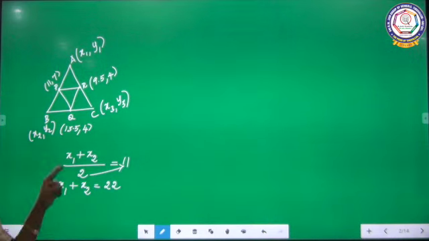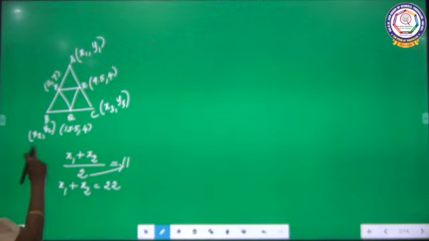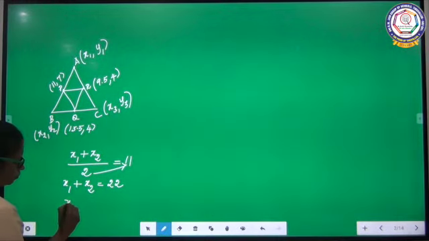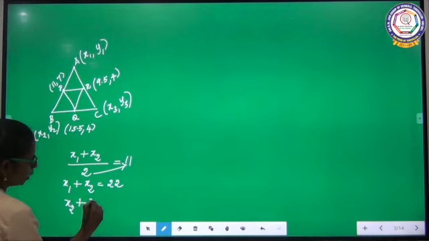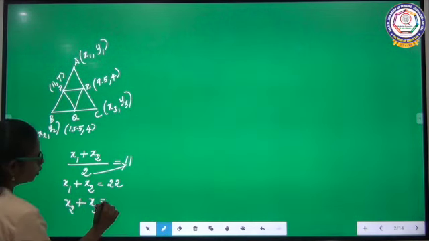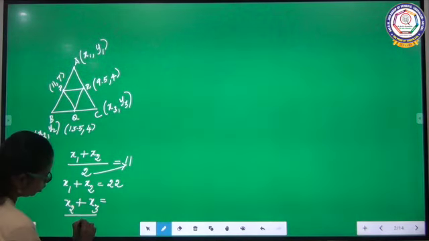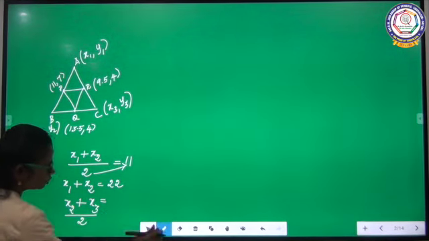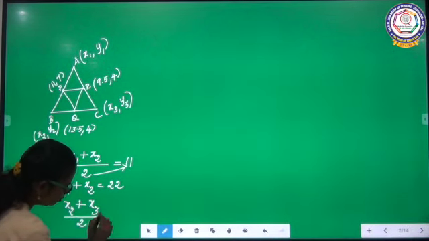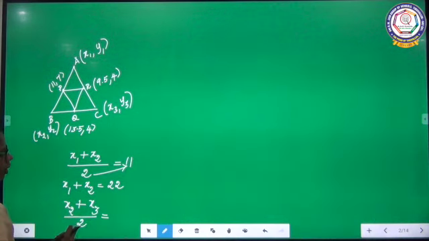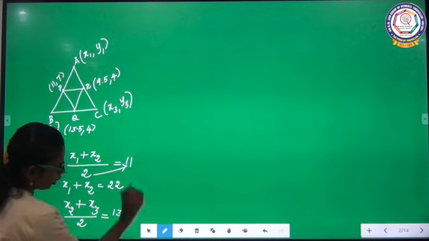The same way I am going to do for the next. You have to listen carefully, right? x2 plus x3, the abscissa, here what is the abscissa for Q? (x2 plus x3) divided by 2 equals 13.5.